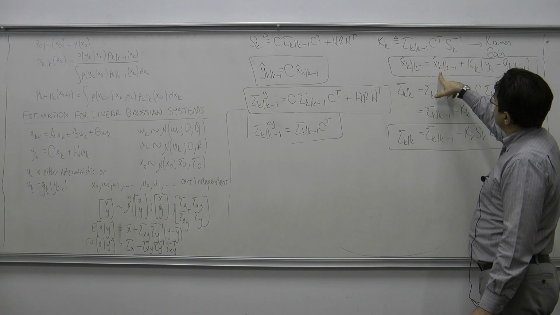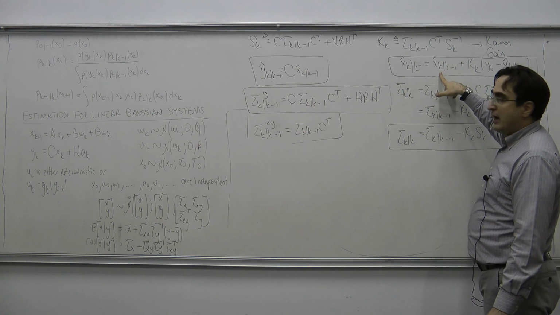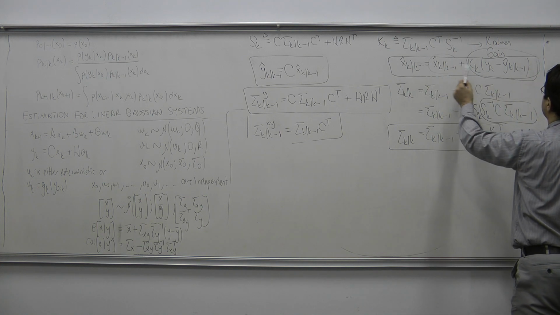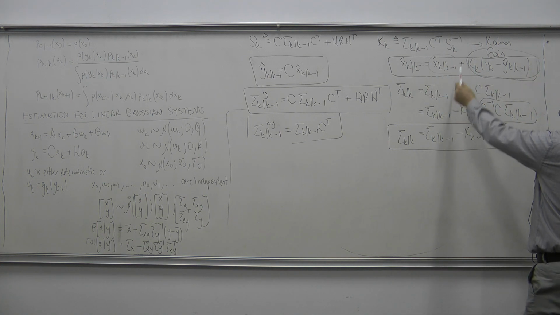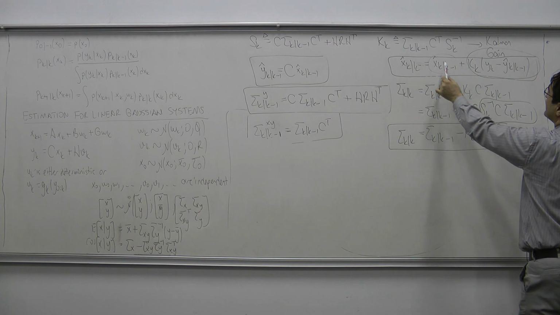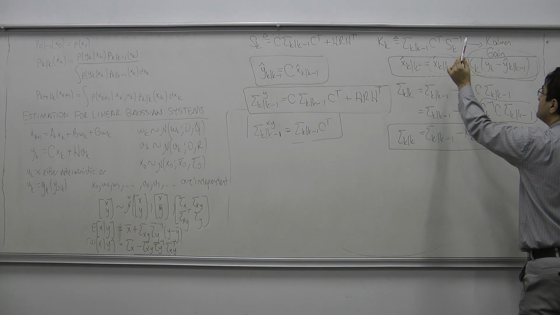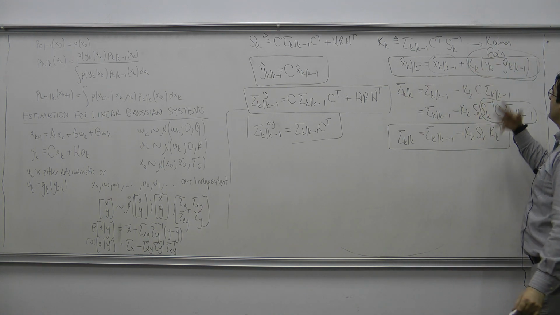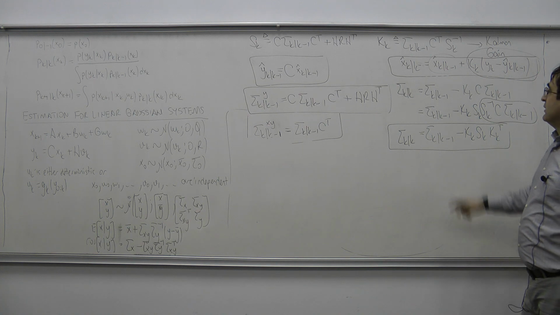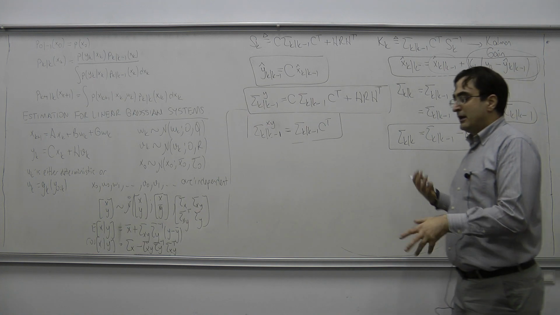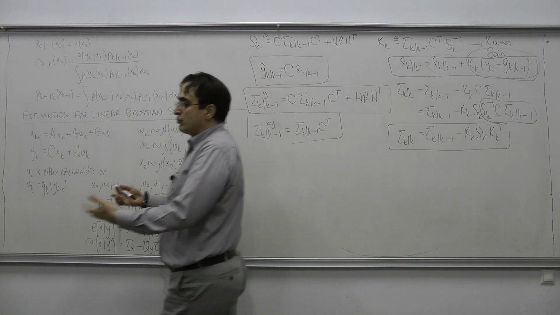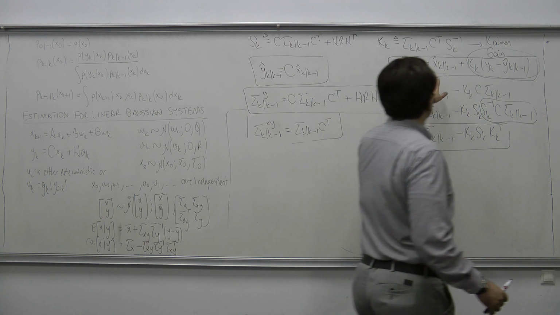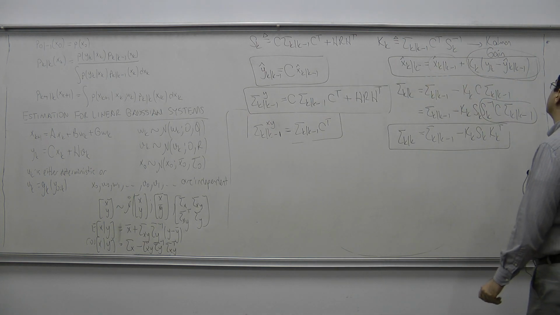This is my erroneous prediction, and we are correcting this erroneous prediction using this measurement, and the amount of that correction depends on the Kalman gain. Kalman gain adjusts how much correction we apply onto the prediction here, which contains errors.